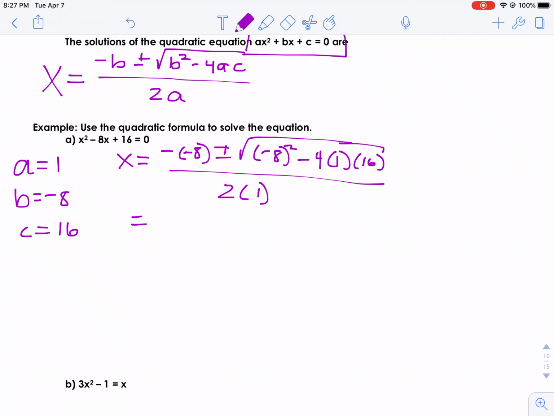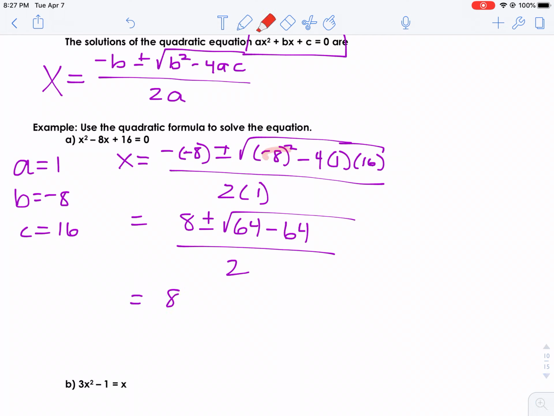So from here we're going to compute. That negative 8 is just a positive 8. We would have plus or minus. In the square root, negative 8 squared is 64, minus 4 times 1 times 16 is also 64, and then all over 2. So all I did was calculate that and that.